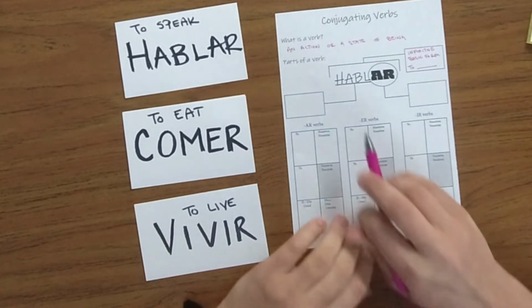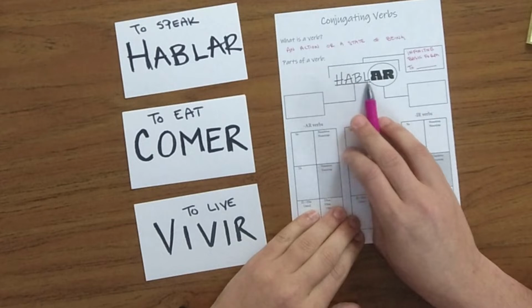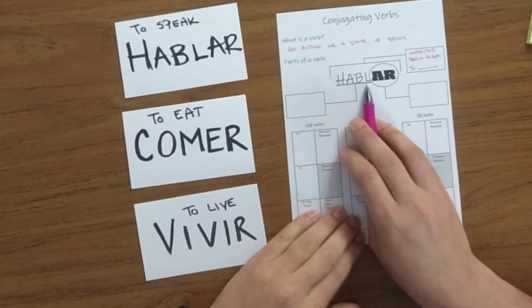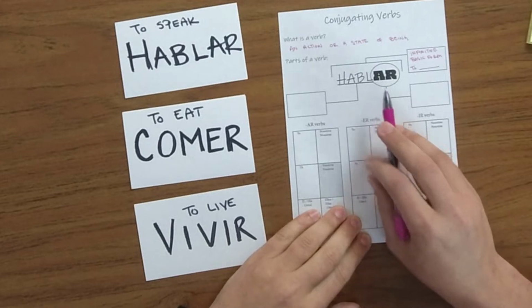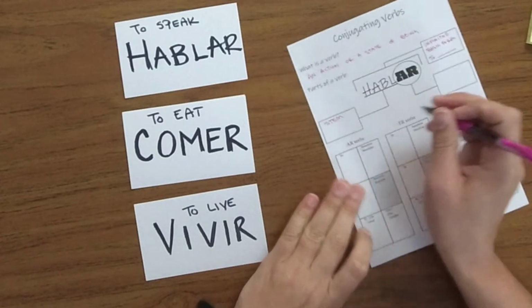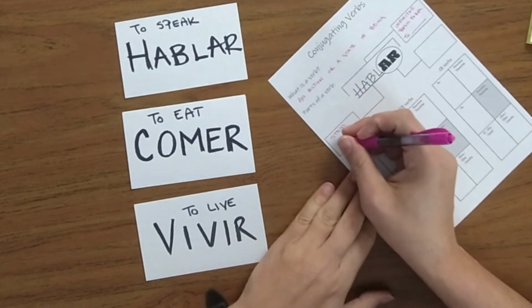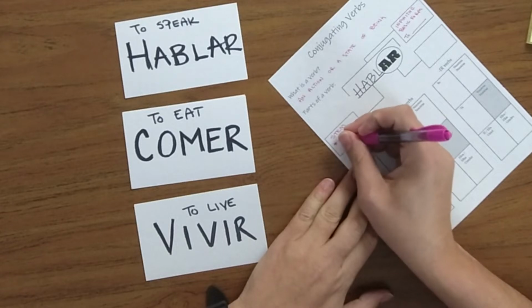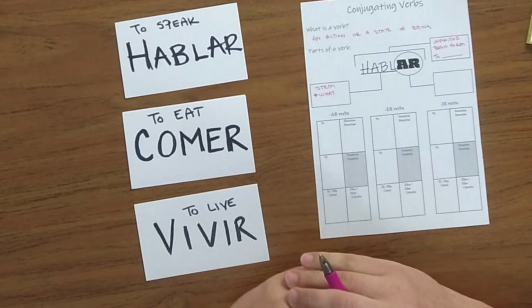Now, the whole thing is the infinitive, but this first section, everything besides the last two letters, is what's called the stem. The stem is important because this contains the what. So this is what is actually being done.